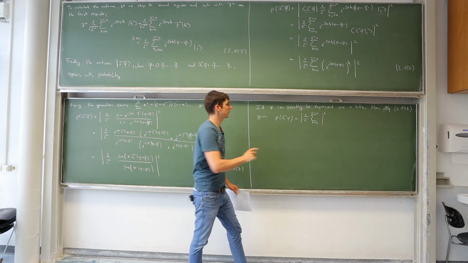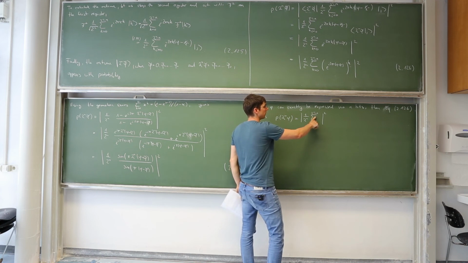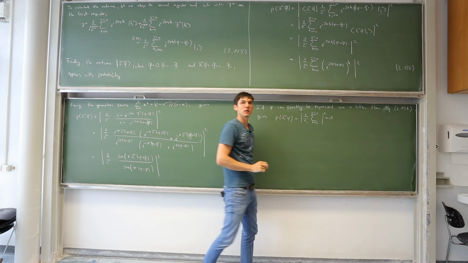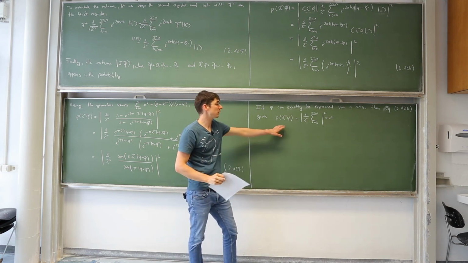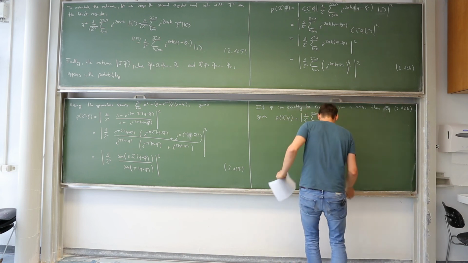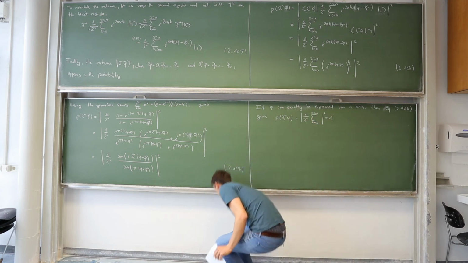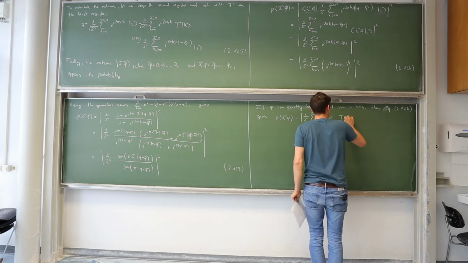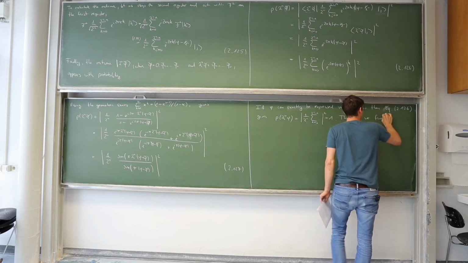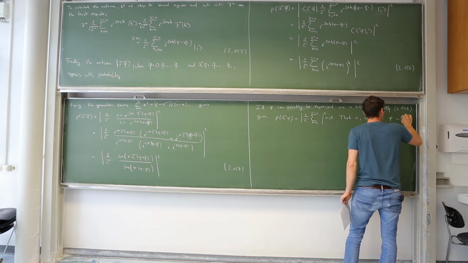Okay, and what is this? The sum is 2^n divided by 2^n, which is equal to 1. So meaning we find phi with certainty.